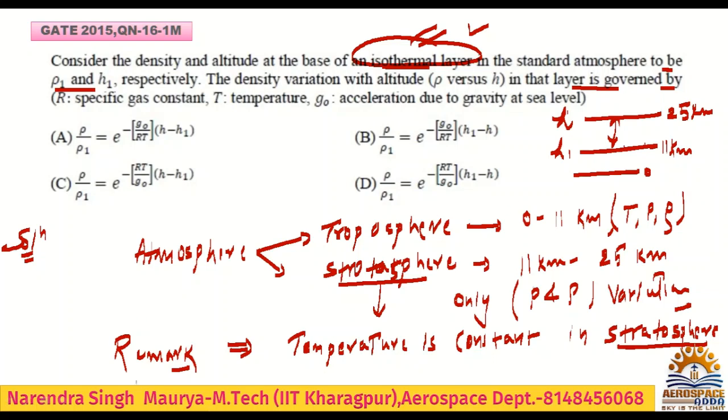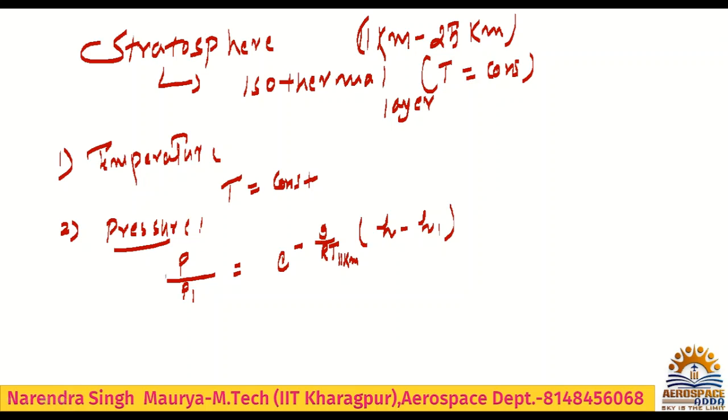So for that case, what will be P upon P1? P1 is the pressure at 11 kilometers. So first you will calculate pressure at 11 kilometers. Then at any altitude, if you want to calculate, you can calculate. I will write this P_h by P1. This h is the altitude.